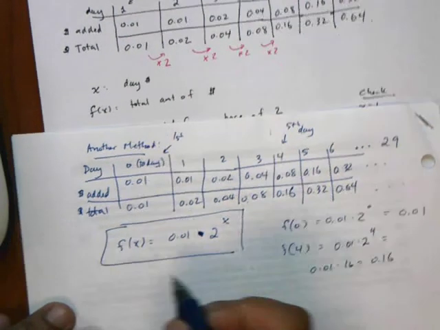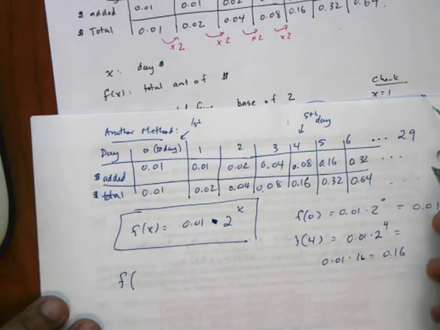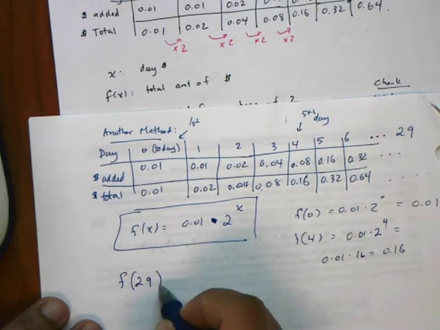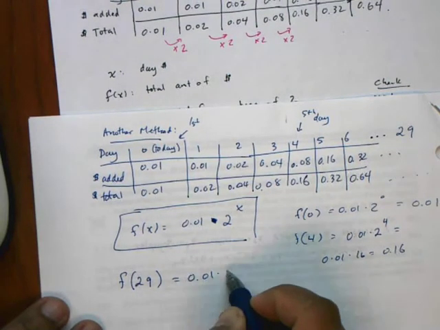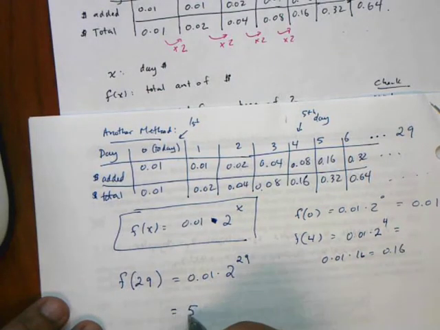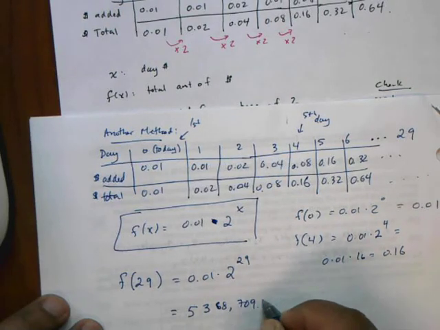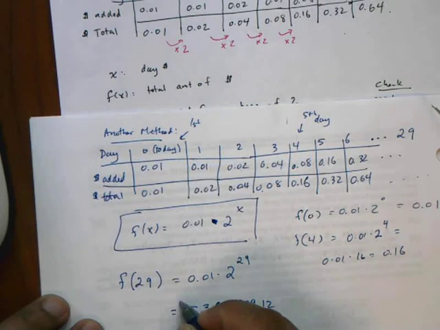Okay? And now we can solve this problem. Instead of going to f of 30, we're just going to go f of 29. And it's going to give you the exact same answer that you got before. $5,368,709.12.